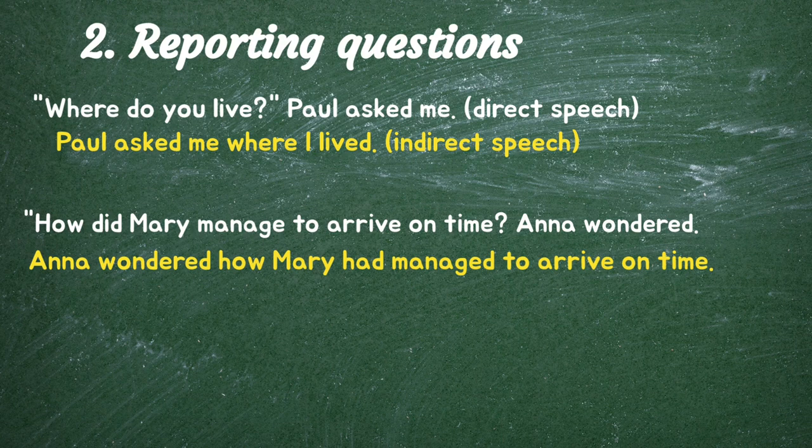Now, we see that when we report questions starting with question words like where or how and containing the auxiliary do in the question, first of all, we notice that the do disappears in the reported speech, and now the verb that remains changes according to the tense in which the verb do was conjugated. So we have the past simple for live because do was in the present simple, and we have the past perfect for manage because do was in the past simple did. So that's how it works.